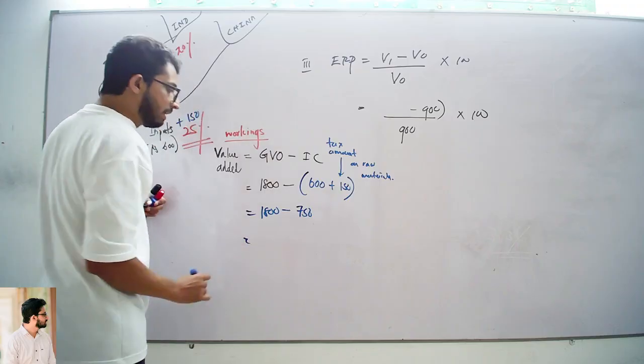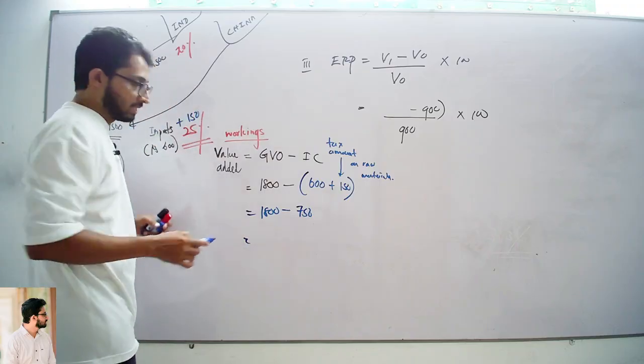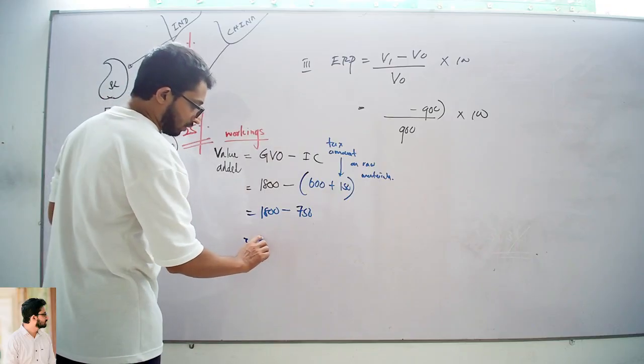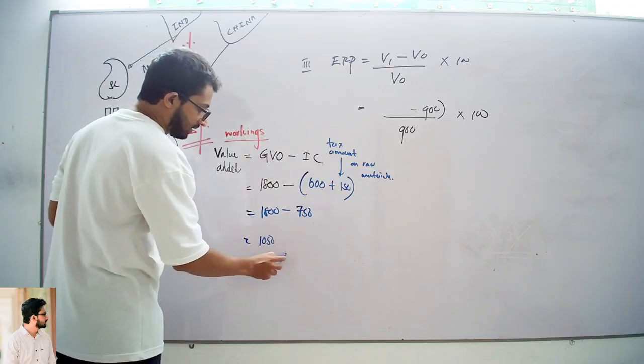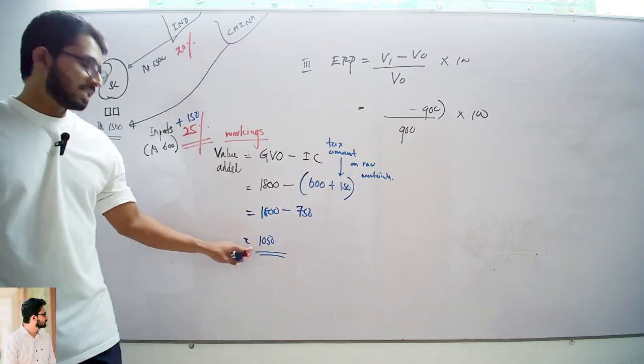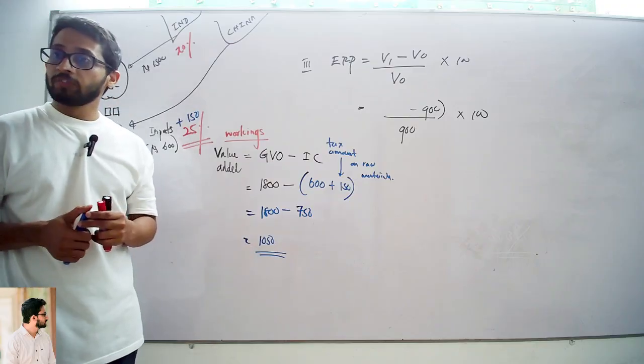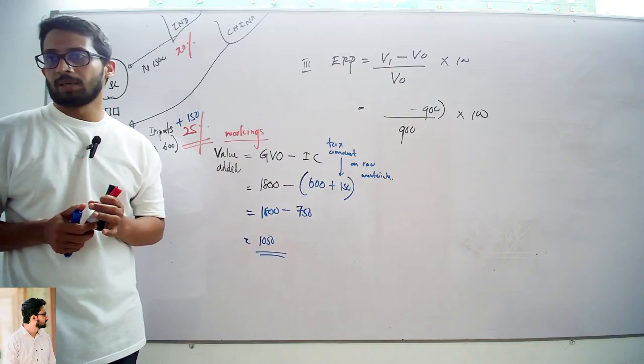Then, Buddha, the new value addition after the two tariff rates is how much? 1,050. This is the value addition after considering both tariff rates.